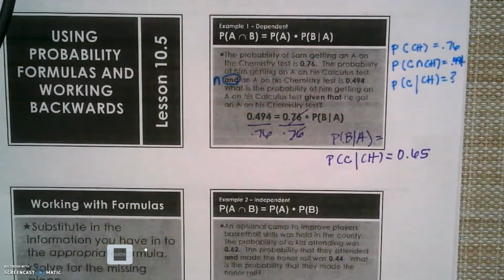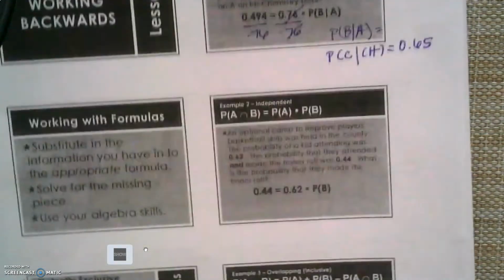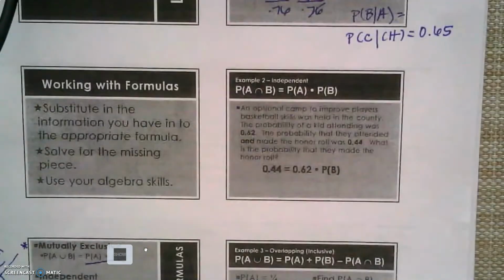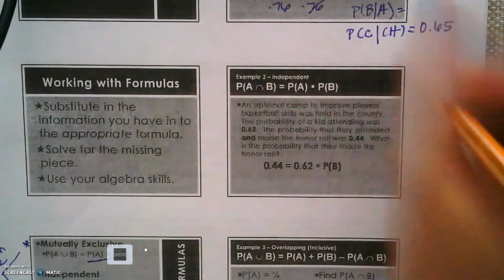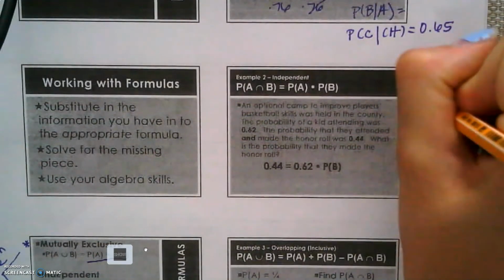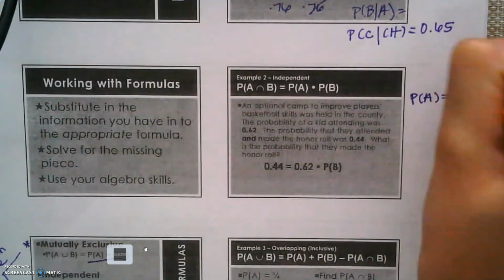So let's go through the next example. An optional camp to improve players' basketball skills was held in the county. The probability of a kid attending was 62%, so the probability of attending is 0.62.